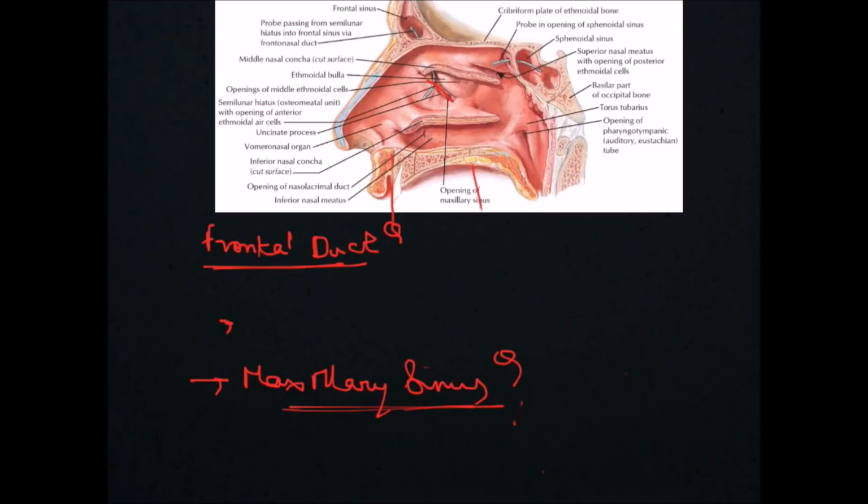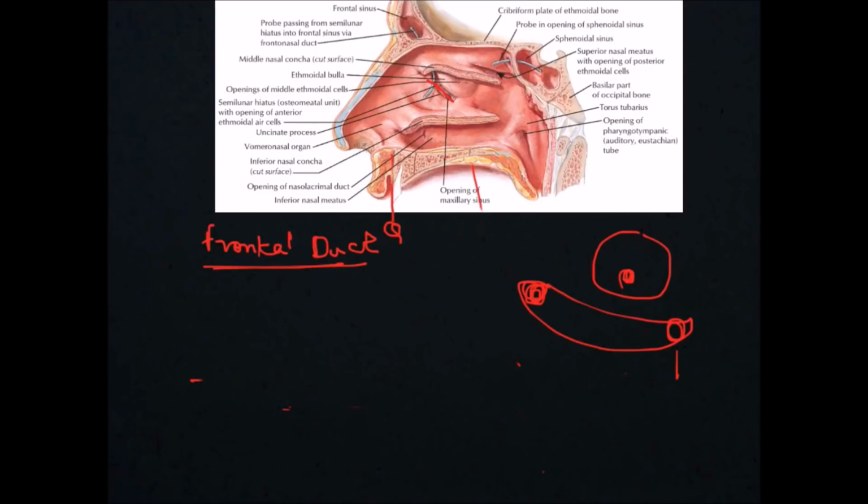So if this is the hiatus semilunaris and this is the bulla ethmoides, here there will be opening of the frontal, here there will be opening of the ethmoidal air cells, here there will be opening of the maxillary air cells. So now consider if there is an infection of the frontal sinus, that is frontal sinusitis.